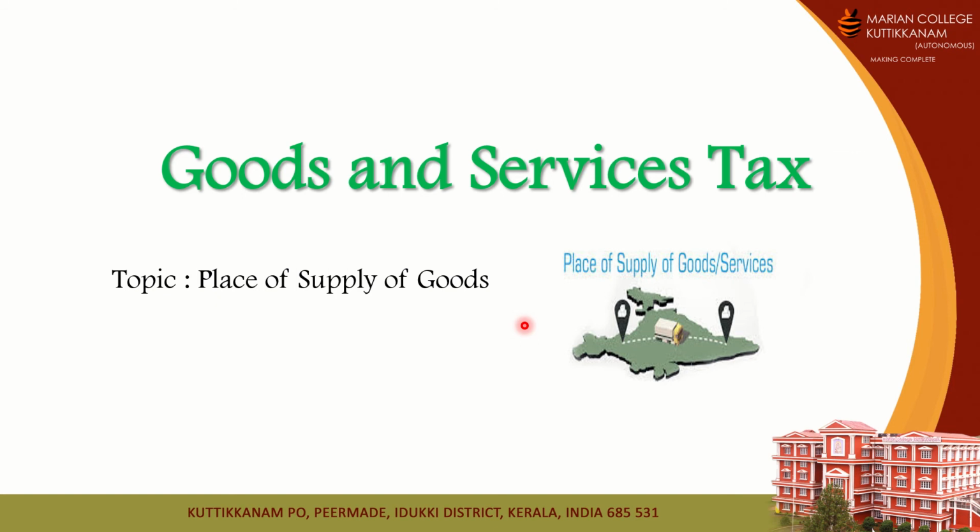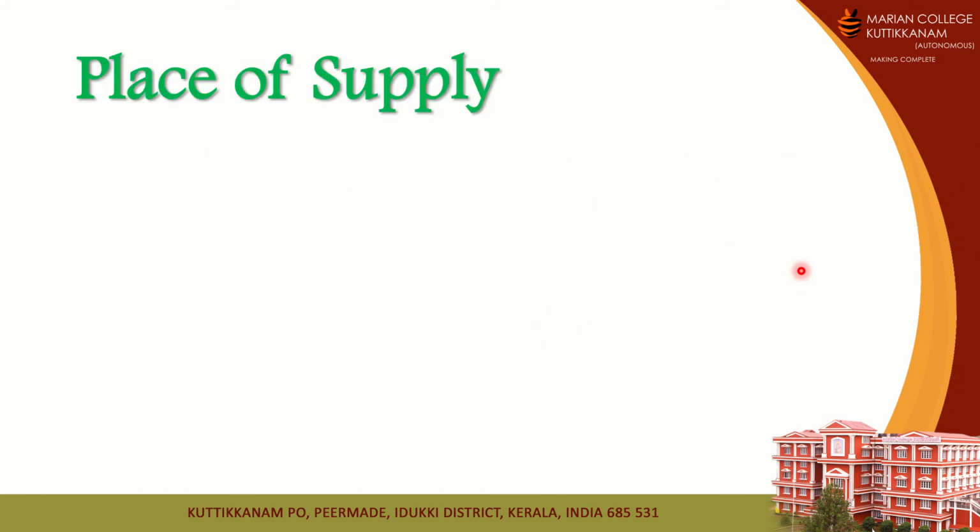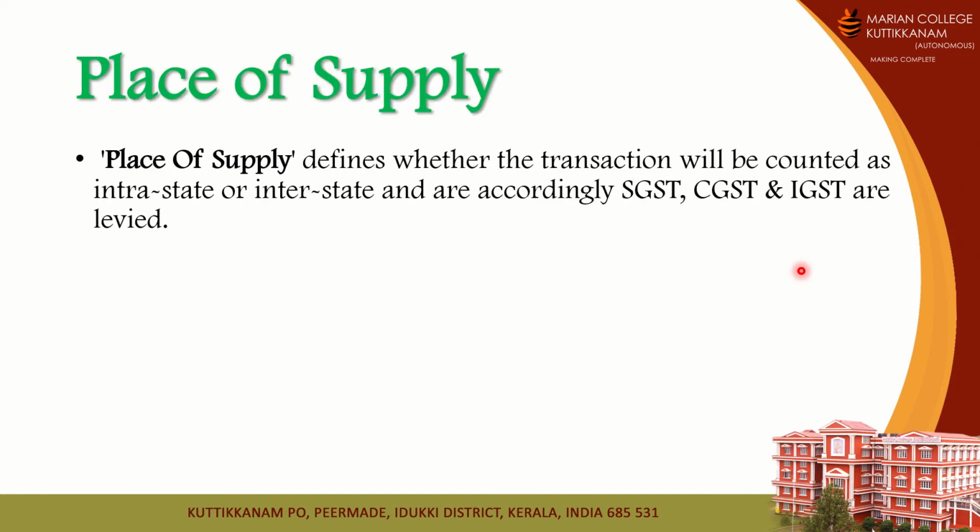The concept of place of supply is very crucial in GST to determine the type of tax or the component of tax to be levied, whether it is CGST, IGST, SGST, etc. Place of supply defines whether the transaction will be counted as intrastate or interstate, and accordingly SGST, CGST and IGST are levied.